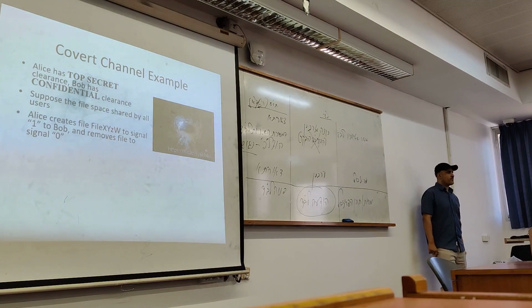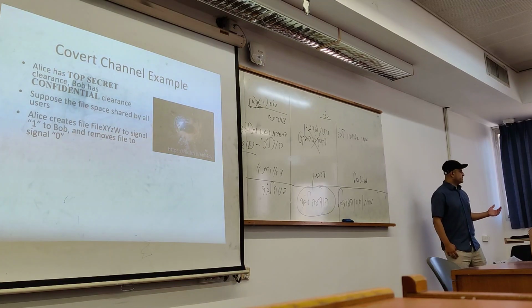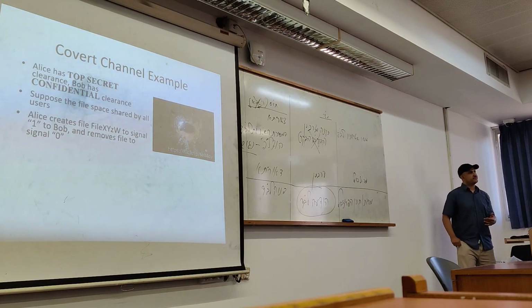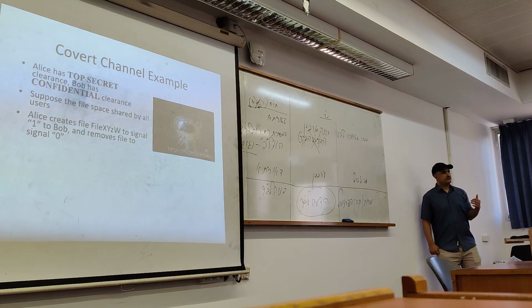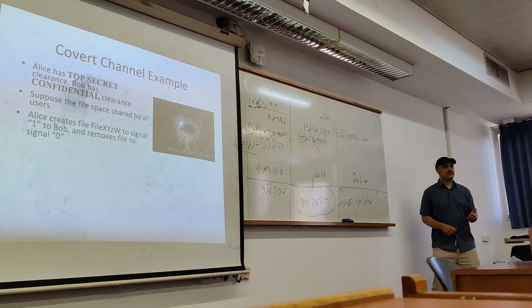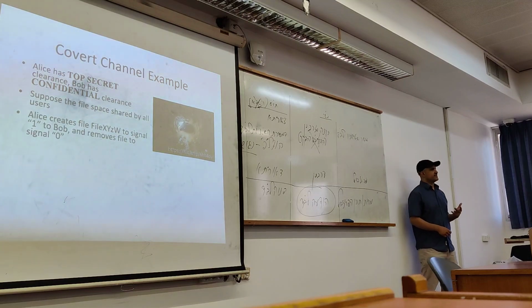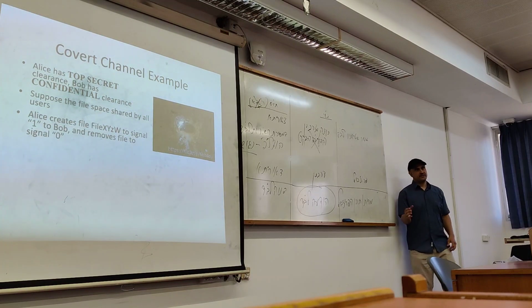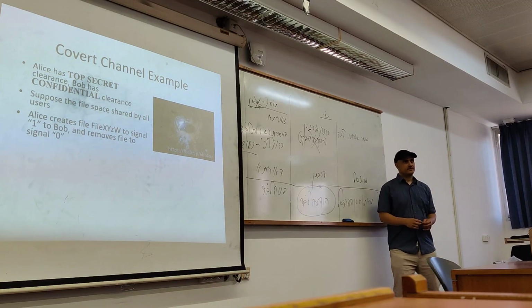What else, guys? I want to pass the information to Bob. Alice is one thing, Bob is another thing, and what else? A way of communicating. They are communicating through this folder.